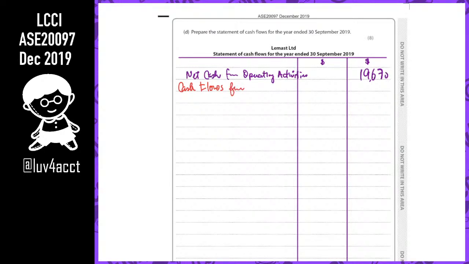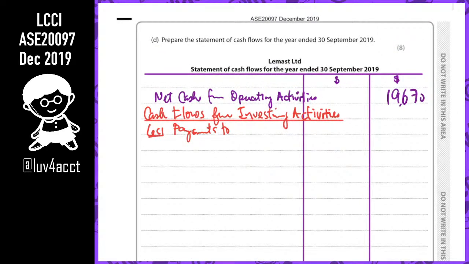Cash flows from investing activities. We only have two. One is payments to acquire equipment. How much? 200,000, negative.